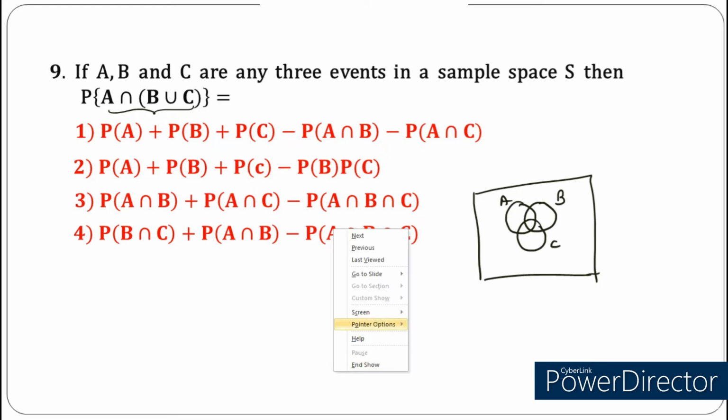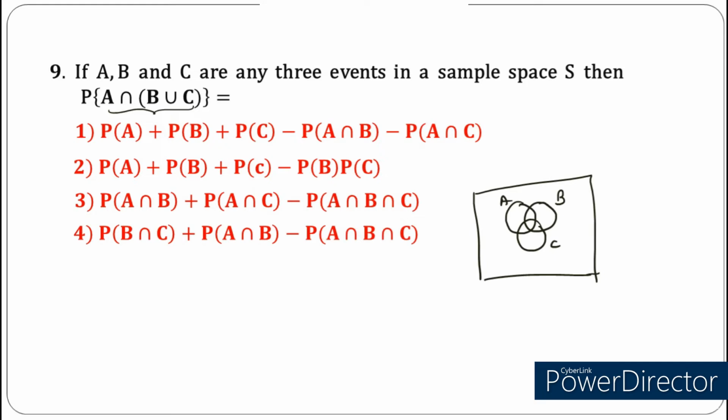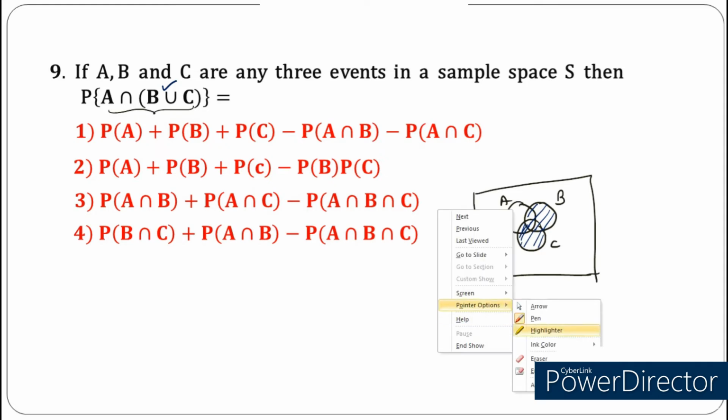Let me take different colors so that you understand easily. Now see, here they have given A intersection (B union C). First I will mark B union C. This is B union C. Union means what you will do? Union means you will shade it completely. Okay, that is B union C. Now next we have what?